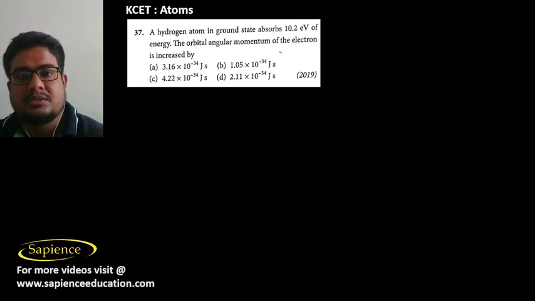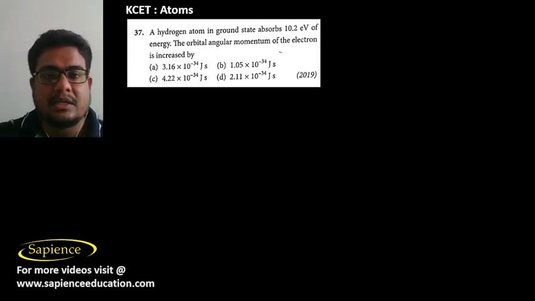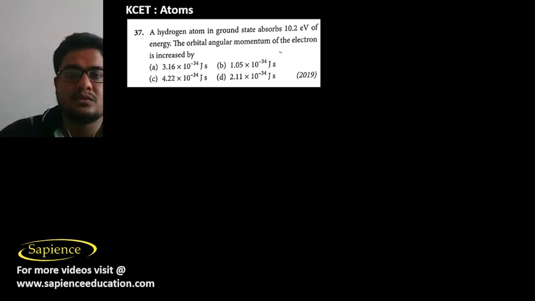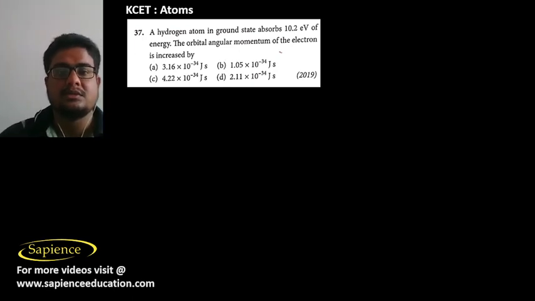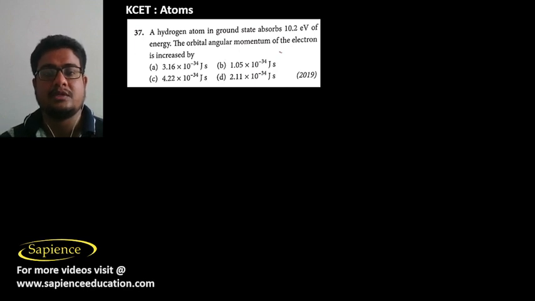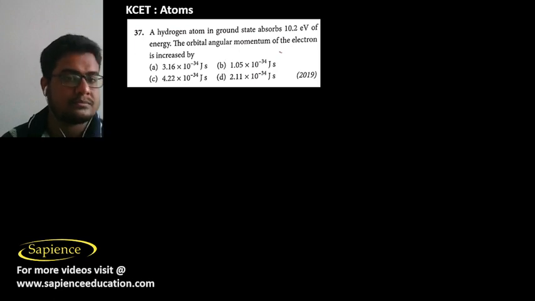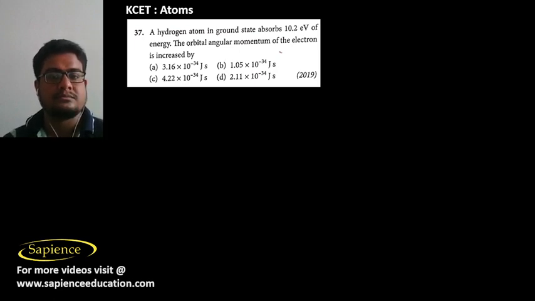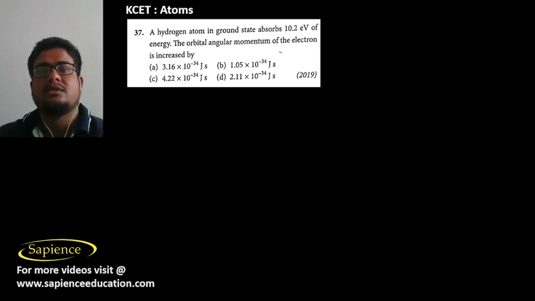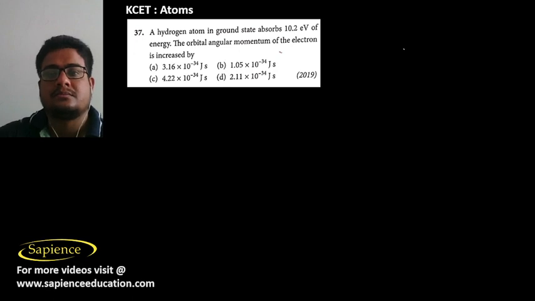Then in question number 37, it is told a hydrogen atom in ground state absorbs 10.2 electron volt of energy. The orbital angular momentum of the electron is increased by. One hydrogen atom is there.